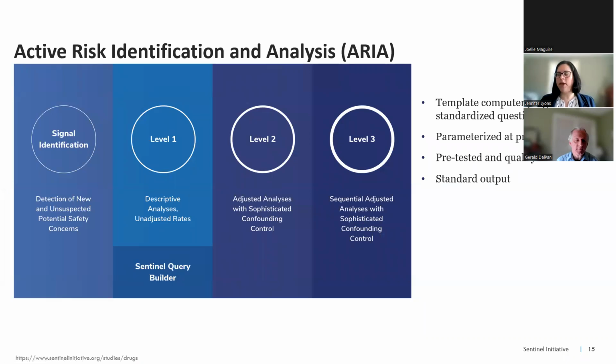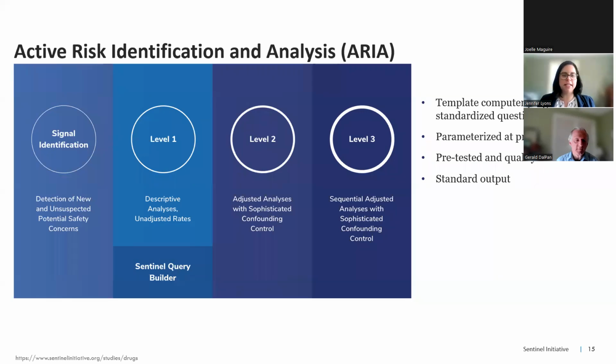So this is one way we can conceptualize our tool capabilities, the Active Risk Identification and Analysis, or ARIA. It's a component of the Sentinel system that's used to conduct medical product safety surveillance. We have 3 levels of tools in addition to the capability for signal identification, which we use to detect new and unsuspected potential safety concerns.